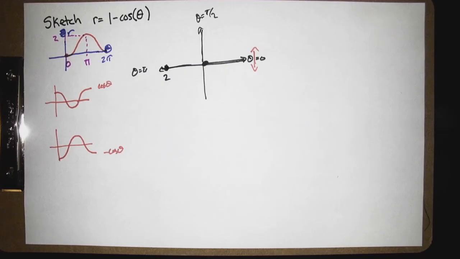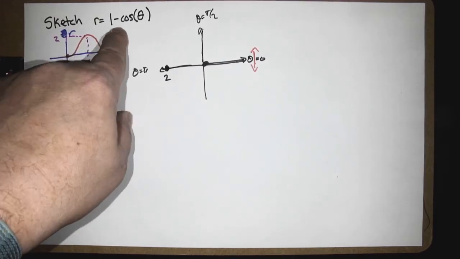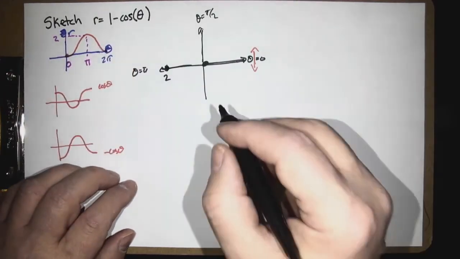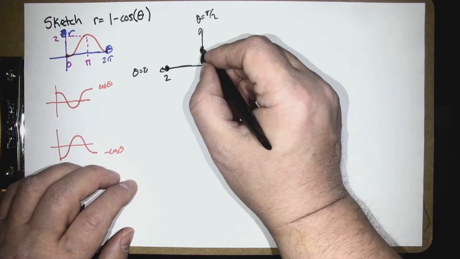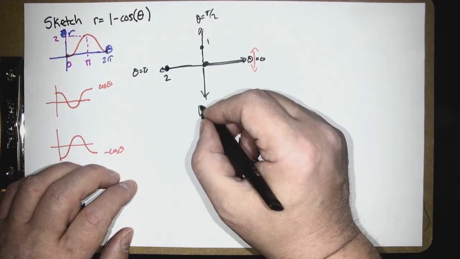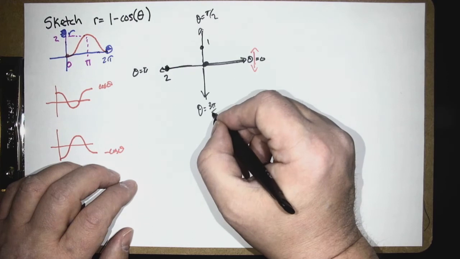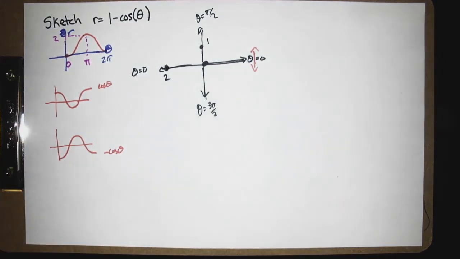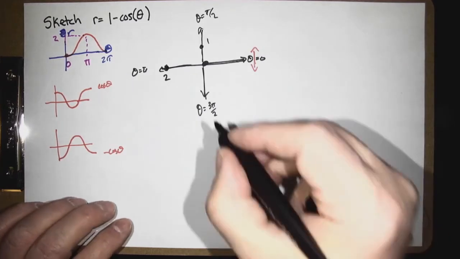If you plug in pi halves, 1 minus cosine pi halves, it's 1 minus 0, which is 1. At theta equals 3 pi halves or negative pi halves, what do you get when you plug it in? 1 minus cosine 3 pi halves or 1 minus cosine negative pi halves, we get 1.